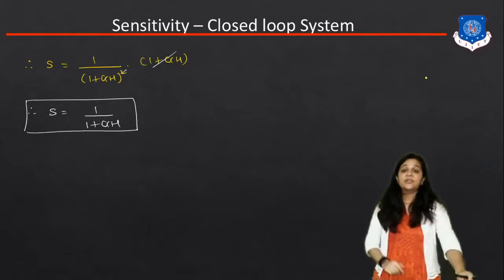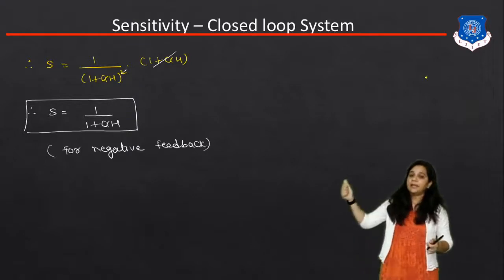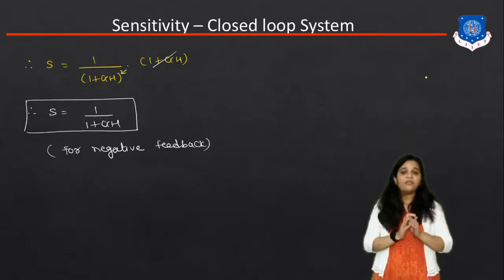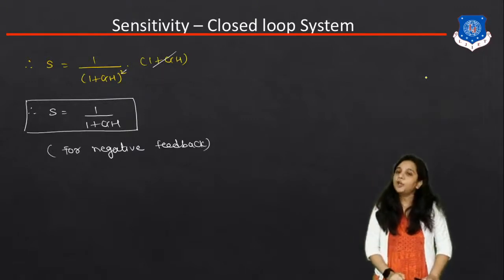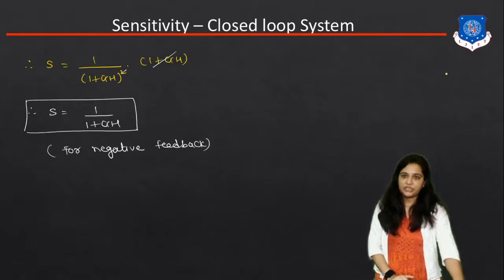This type of sensitivity is for when we apply the negative feedback signal. If we apply the positive feedback signal for this particular closed loop system, the equation of the sensitivity will be changed. So depending upon the feedback signal, the value of the sensitivity will be changed.